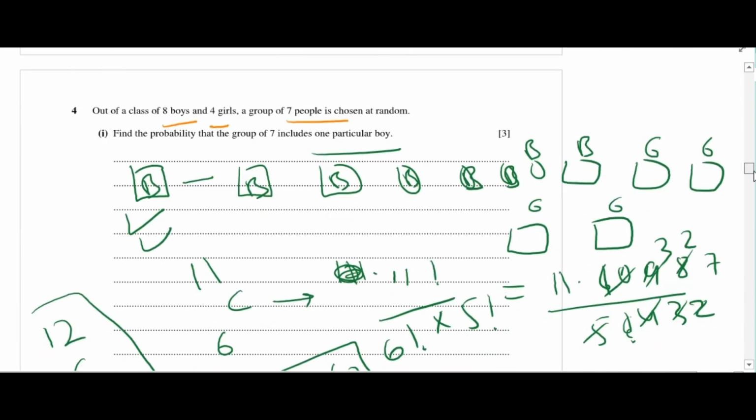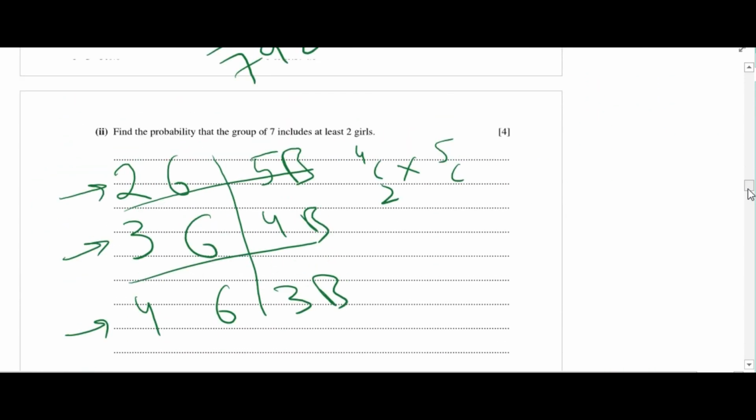So for 2 girls, we have 4C2 times, sorry, what was the number of boys? 8C5. Okay, sorry for that.